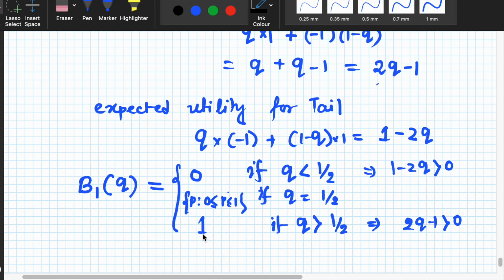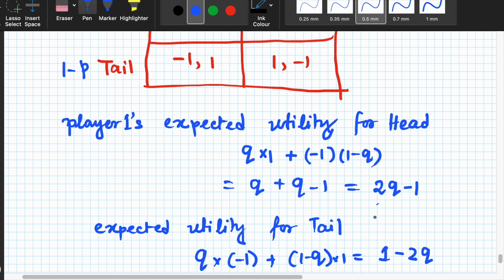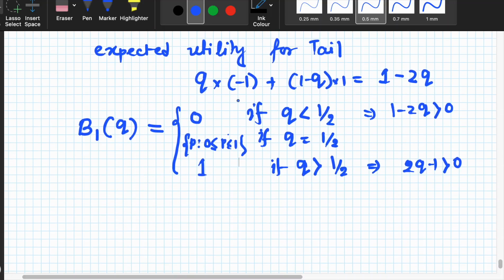Because for q equal to half, both of these expected utilities are 0. So whichever way the player plays, it cannot do better by playing any other action. In every action it will get a payoff of 0, so every action is a best response. That means every action will give him or her the equal payoff. This is the best response function.